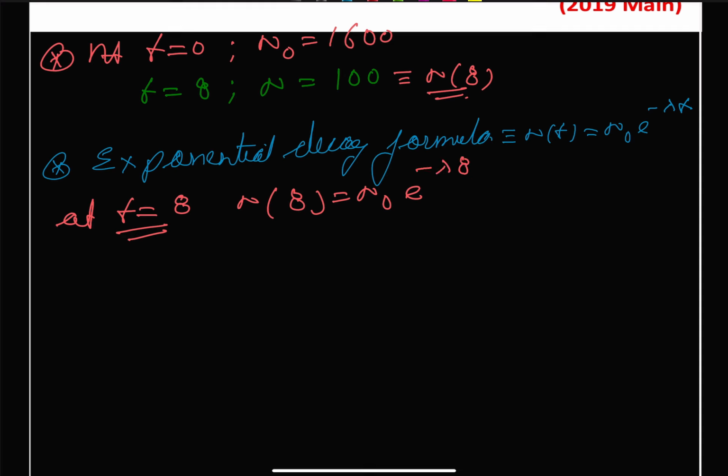N of 8 is 100, n0 is 1600, e raised to power minus lambda 8. And from here we can find out the value of lambda.